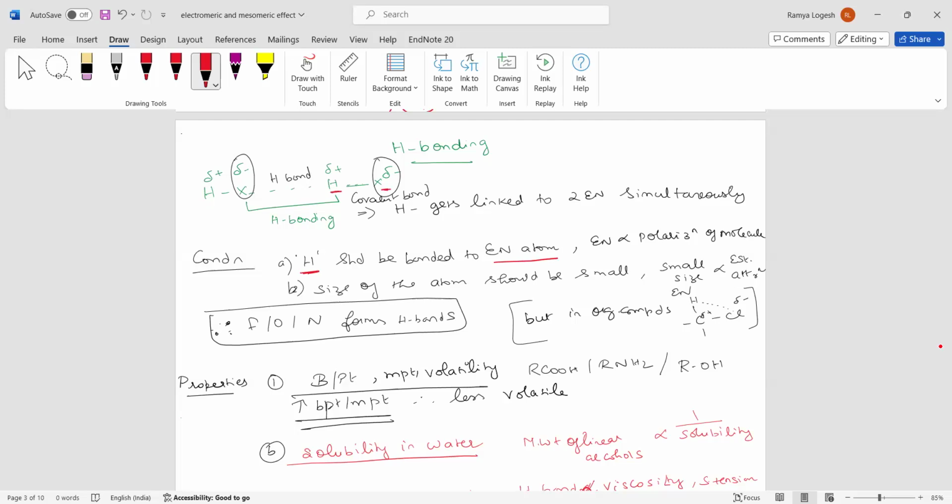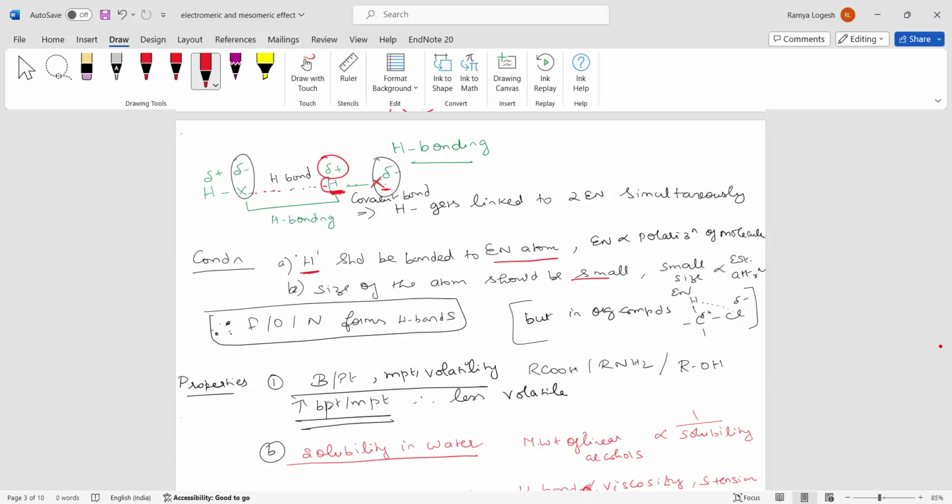The more the electronegativity, like fluorine, the higher the polarization, with a very high delta plus on hydrogen. So this hydrogen can go and bond with another electronegative element. This is called hydrogen bonding. I repeat once again: this hydrogen should be bonded with an electronegative atom. Because of the charge separation, this hydrogen becomes more electropositive so that it bonds to another electronegative atom. This is called hydrogen bonding.